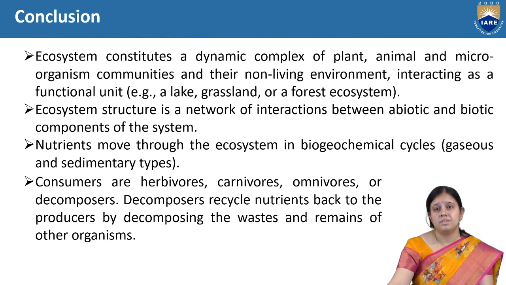That is the main role of decomposers. We can also say they free up space. They will remove whatever waste is present in the ecosystem. So decomposers are very important for an ecosystem. They recycle the nutrients back to the producer and decompose all the waste present in the ecosystem.